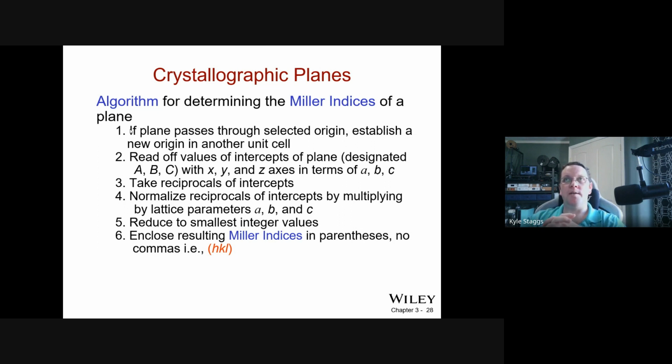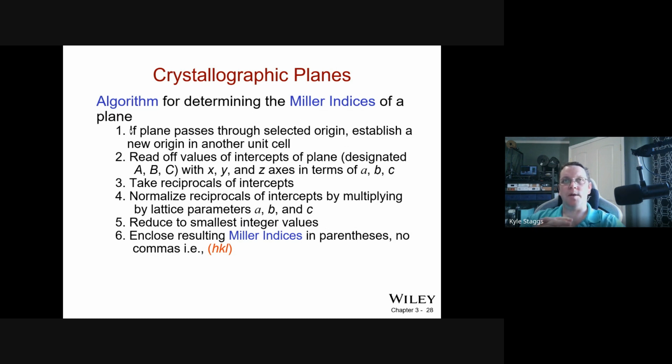If a plane passes through a specific origin, establish a new origin of another unit cell. I think they give us an example of one of those. You look at the values of the intercepts of the plane with the XYZ axes. Then you take the reciprocals of the intercepts.